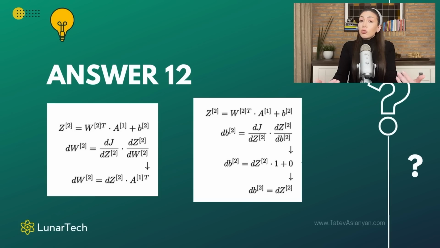But then in order to compute the dW and the db mathematically, we also need to first compute the gradients of the activations and the gradients of the z-scores. And the reason for that is because the weight factors and the bias vectors, they are part of the z-scores.